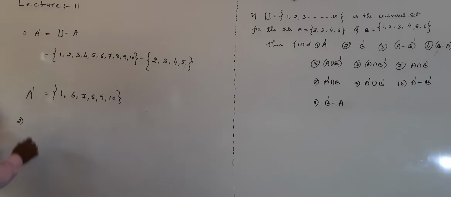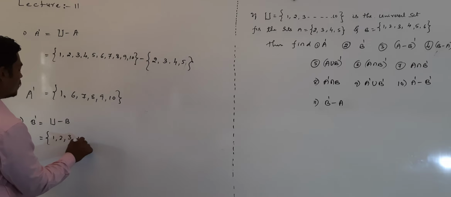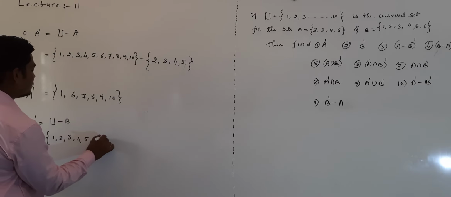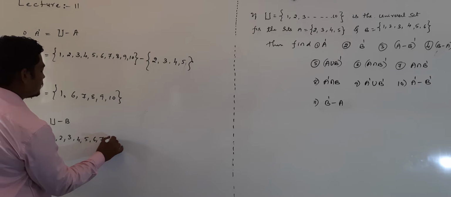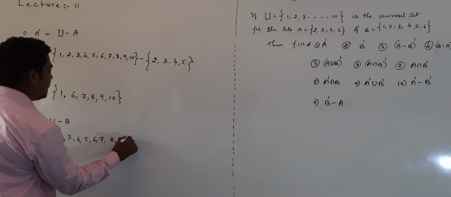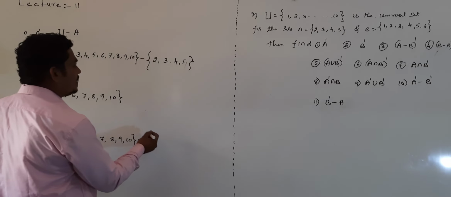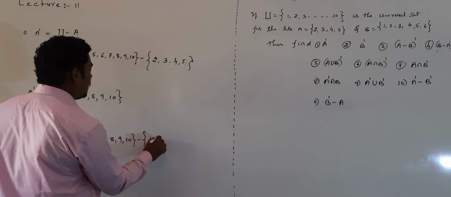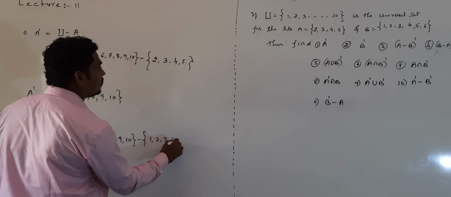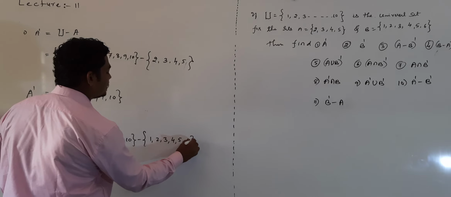Second one B complement. B complement is equal to the formula U minus B only. What is our universal set? 1, 2, 3, 4, 5, 6, 7, 8, 9, 10, minus B. Set B they have given. That is 1, 2, 3, 4, 5 and 6.